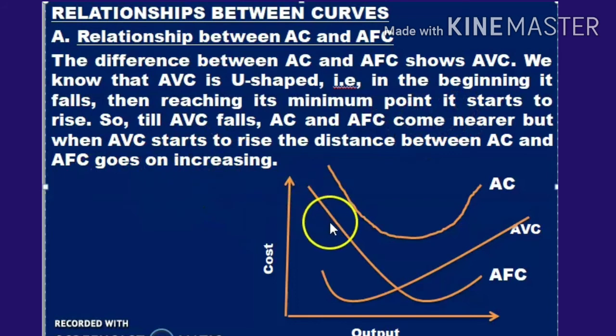You can see that the distance becomes larger. Here it's smaller. So when the AVC curve starts rising, the distance between AC and AFC widens. That is shown in this graph.